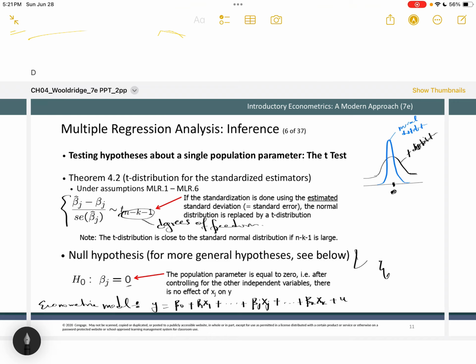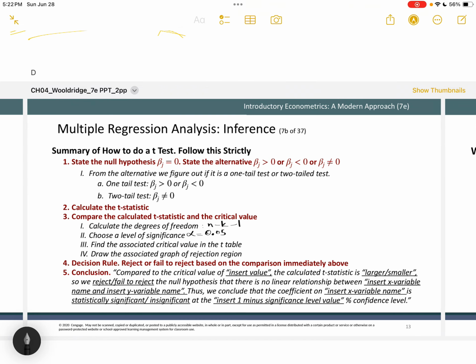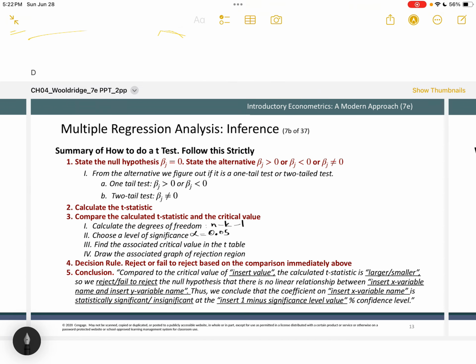Now, we follow this null hypothesis up with an alternative hypothesis. The alternative hypothesis is what we are trying to show with our data. If we are trying to show that there is a positive relationship between xj and y, then in your alternative, you better write beta j greater than 0.